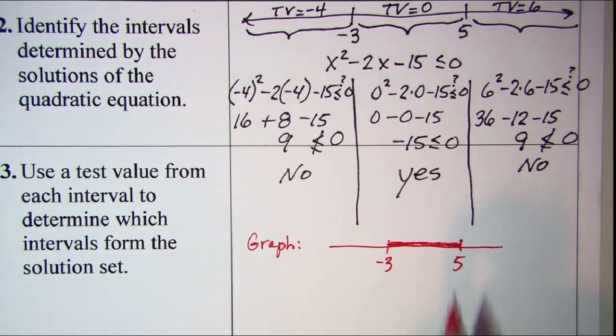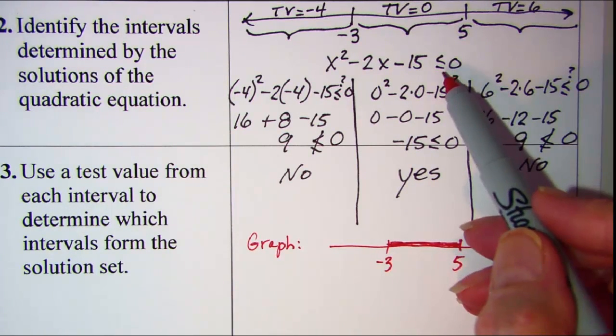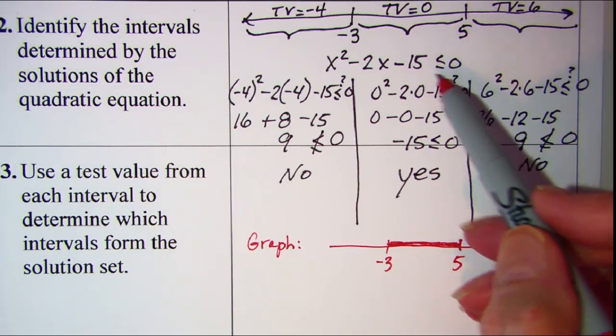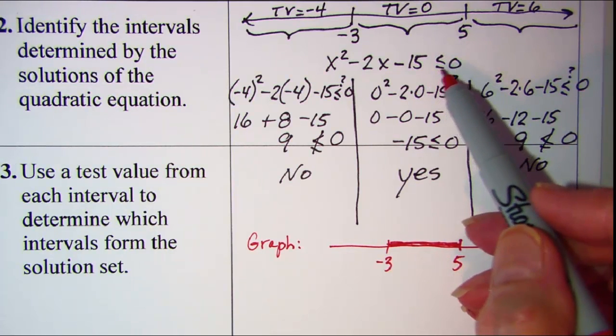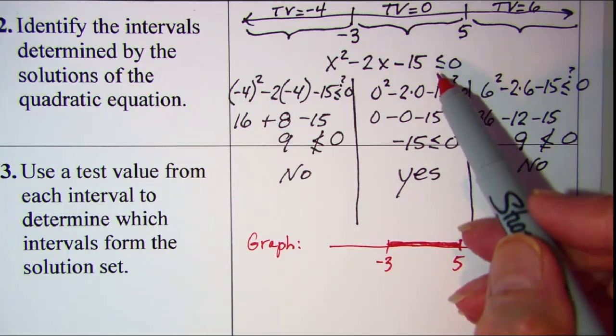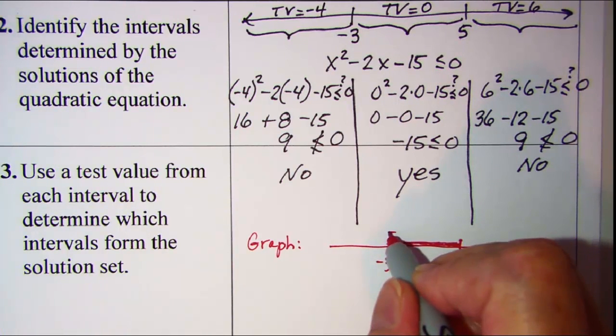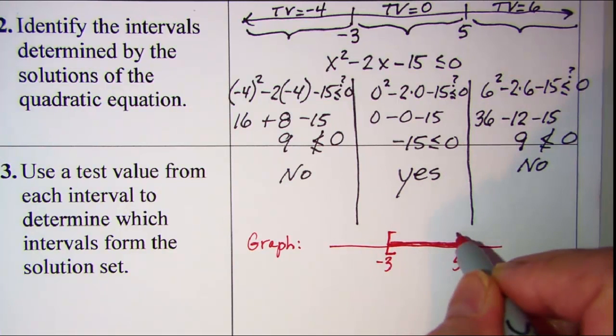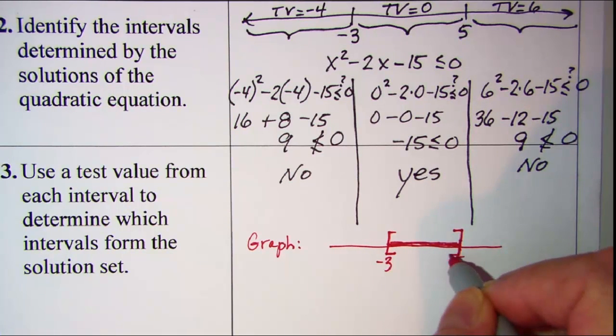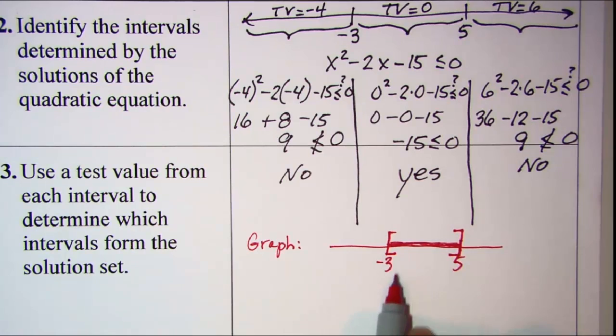And then, since this is less than or equal to, I've got that little line underneath the inequality, I need to include my endpoints, which means I need a squared off bracket for both boundaries. And that will say include those numbers in the solution set.